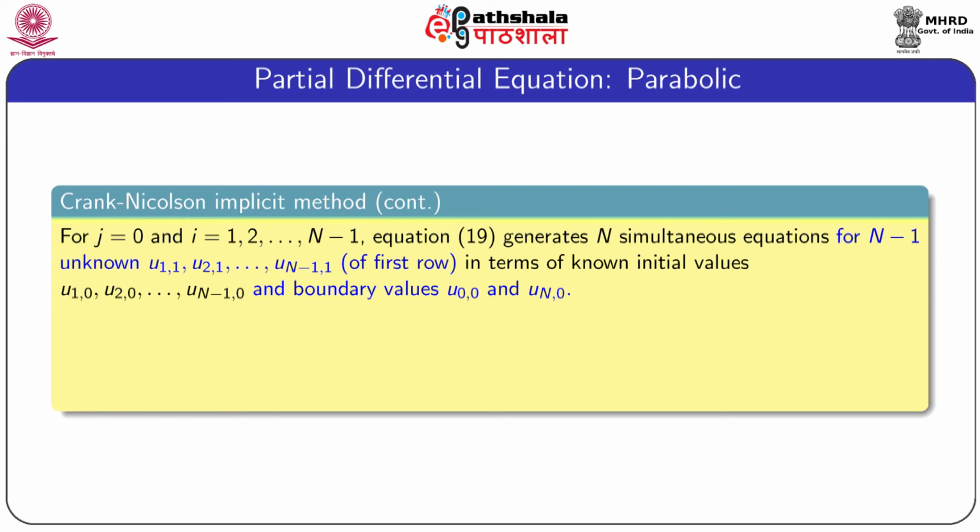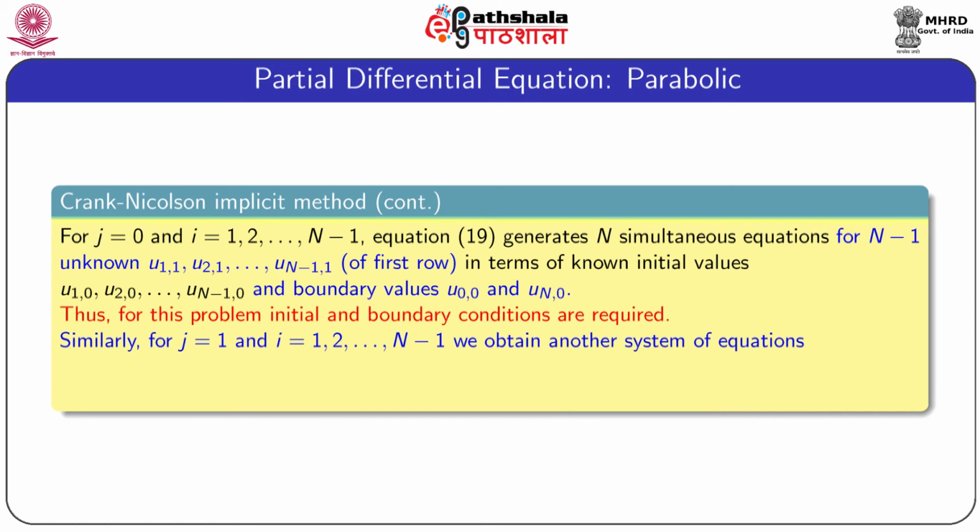So, depending on the initial values and boundary values, we can calculate the values of u11 to u(n-1)1. Thus, for this problem, initial and boundary conditions are required. Without both these conditions, we cannot solve the given parabolic equation by the Crank-Nicholson implicit method.